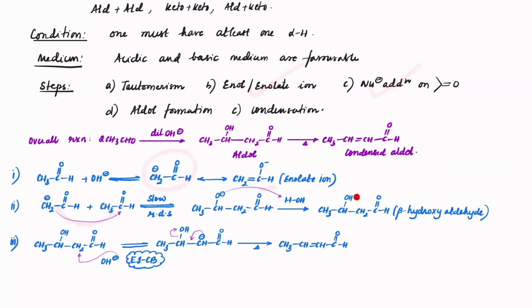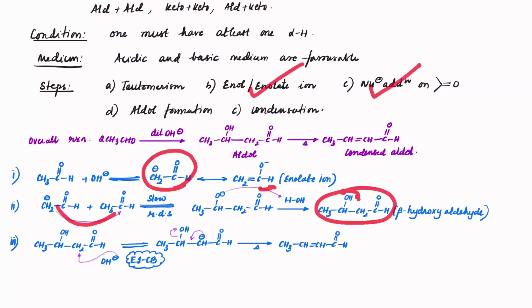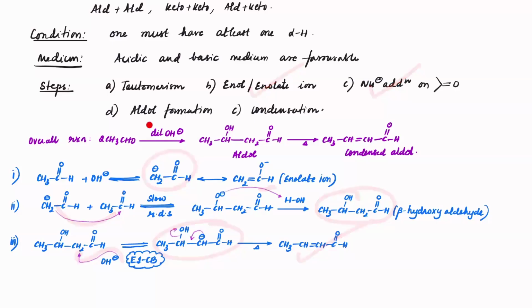Once you get this OH, the O minus attacks here, and again a carbanion forms. Aldol is forming, condensation is happening, and tautomerism is also observed. These are all the key terms.